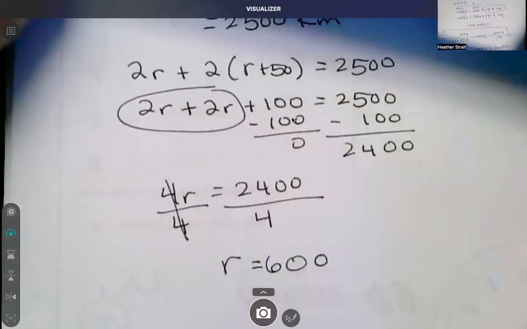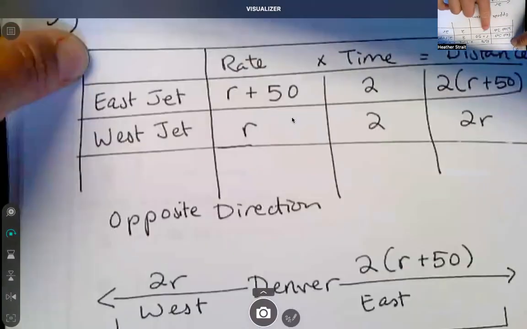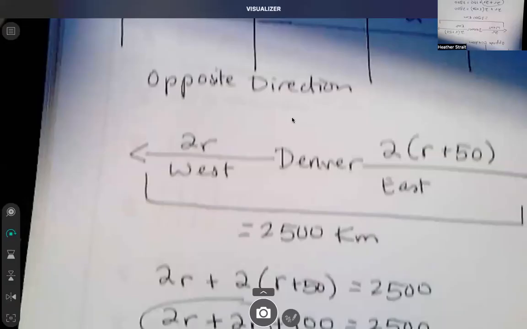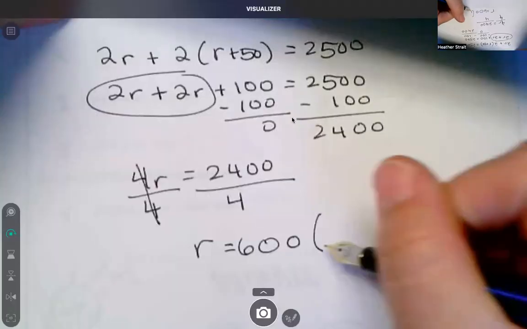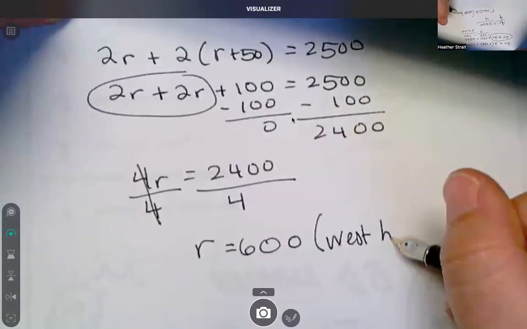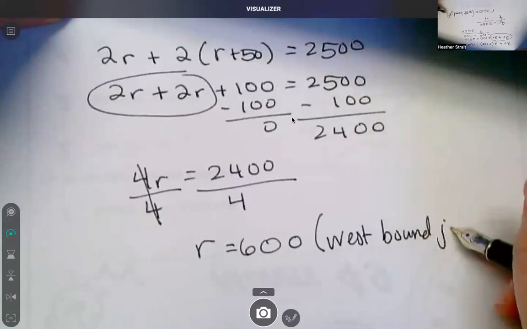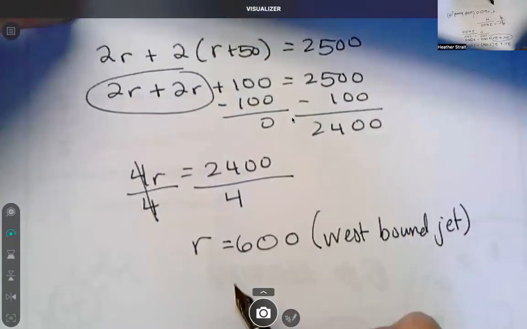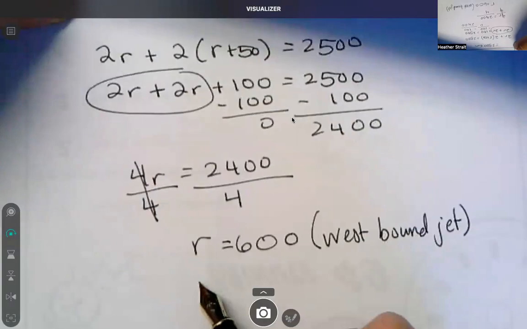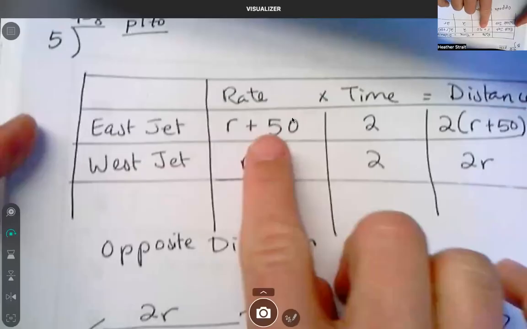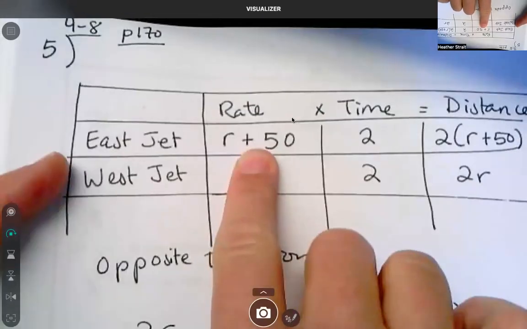Then I have to look back up and see whose rate that was. Oh, the westbound jet. So then you can just say westbound jet. And so how much was the eastbound jet's rate? Just add 50.